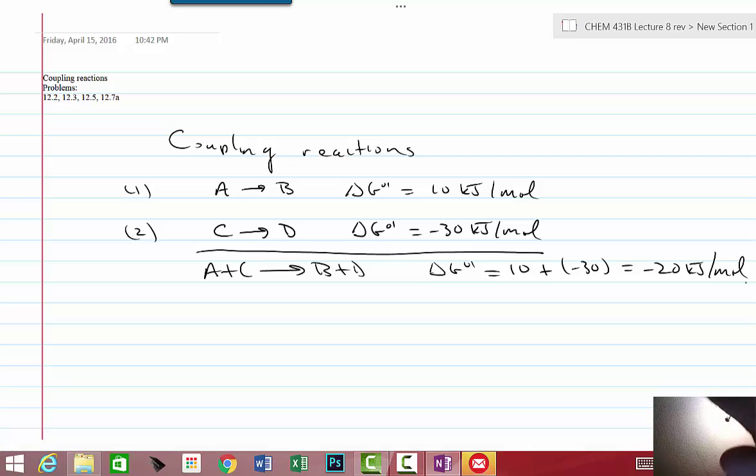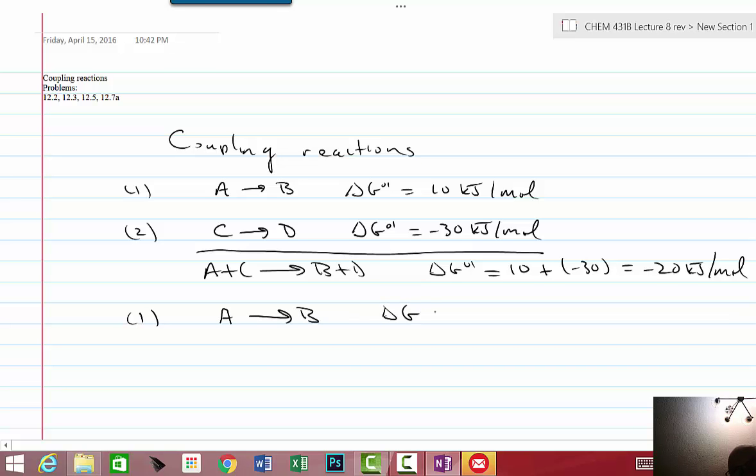And we can actually get into some more details about A going to B. So let's just take our first reaction again and analyze that a little bit further. So here we have A going to B, and as we said before, that's delta G under standard conditions of 10 kilojoules per mole.